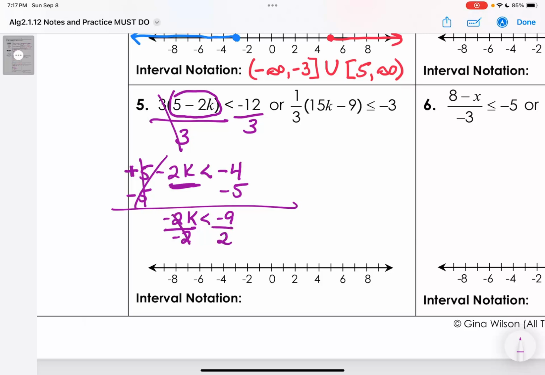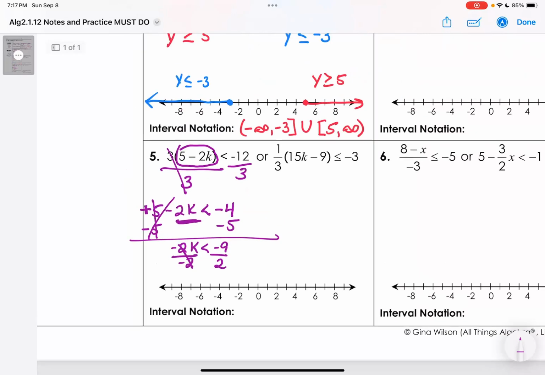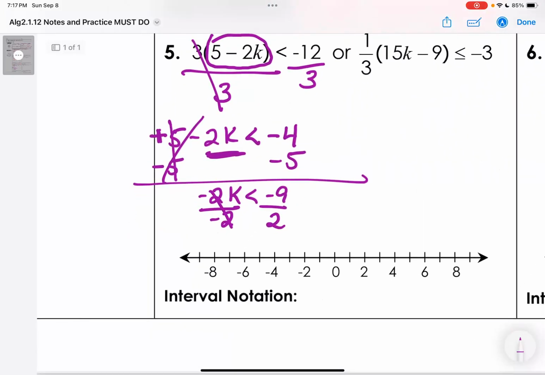And if you'll recall, when we divide an inequality by a negative, the sign flips. So I have k greater than negative 9/2. If we do 9 divided by 2, that gives us 4 with 1/2 left over, so 4.5.